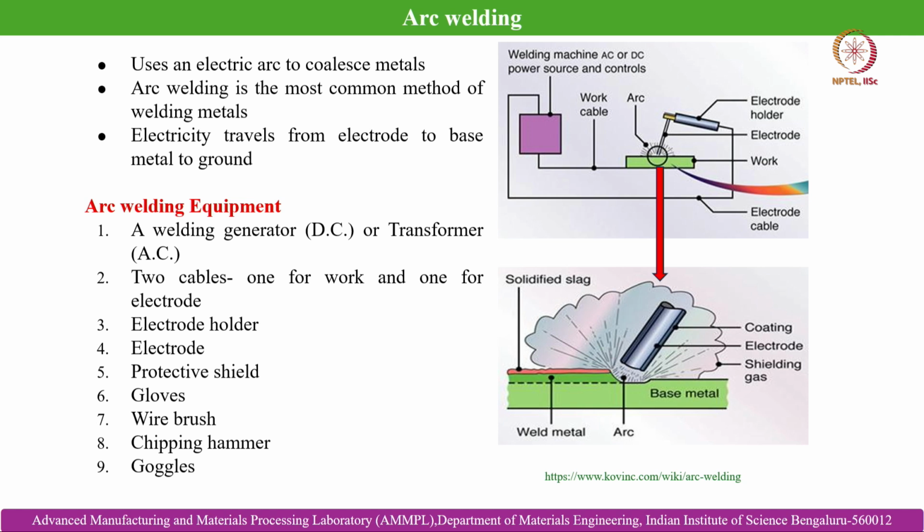So, based on the usage of consumable or non-consumable electrode, arc welding can be classified and named as TIG and MIG welding. TIG welding is an example where filler metal is not used.